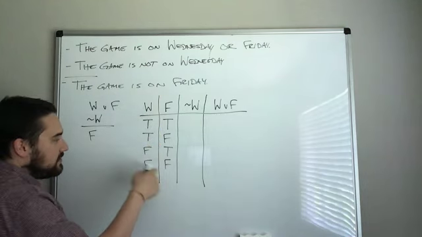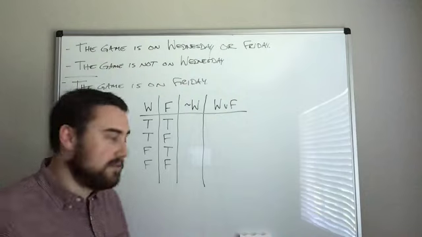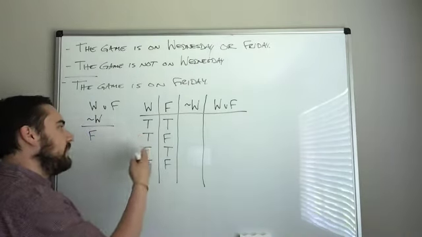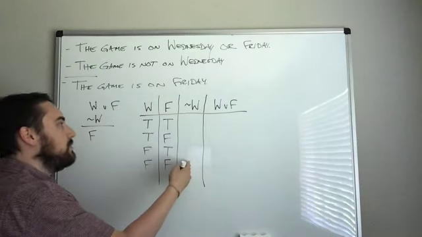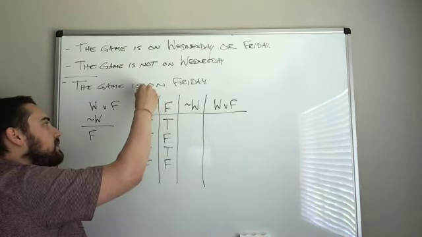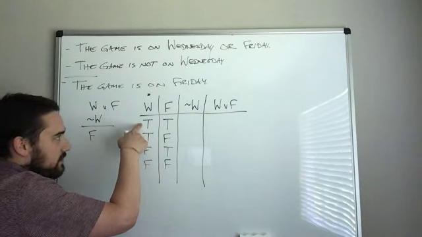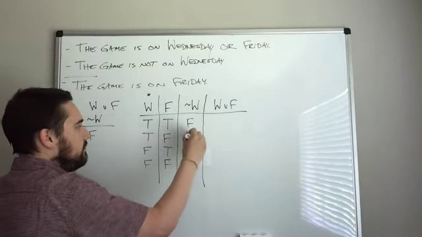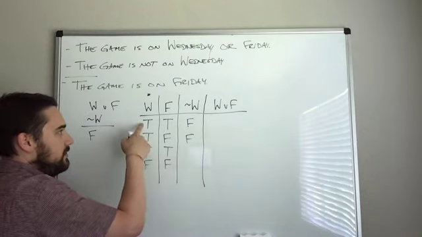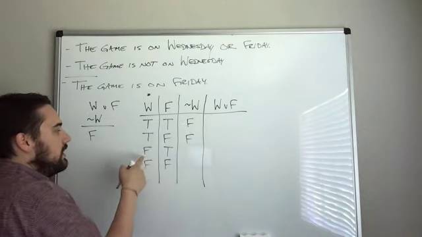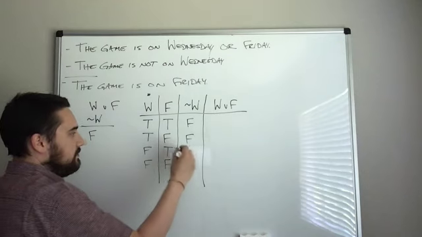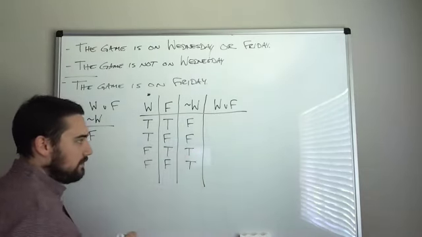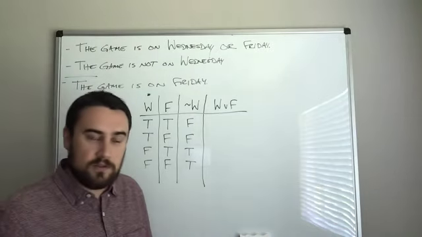The reason we do it in this order is simply because, as you no doubt know, it exhausts all the possible combinations. Now, negated W, how do we fill that out? Well, we look over at this column, and wherever W is true, it must be the case that not W is false. Right? And wherever W is false, tilde W has to be true. Okay, so far so good.